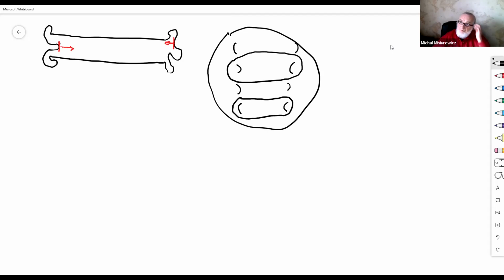So what you have to prove is that locally, when you come to this place with a bundle of trajectories, this bundle reflects in such a way that you get again a bundle of trajectories which spread.